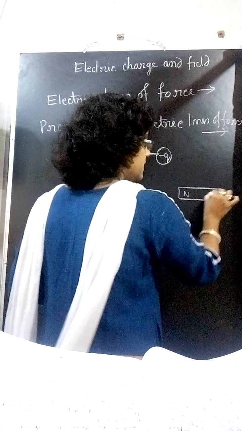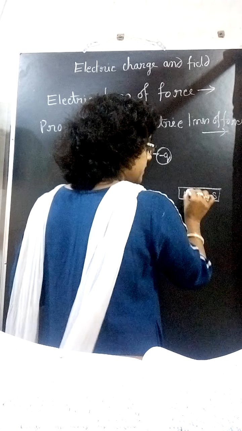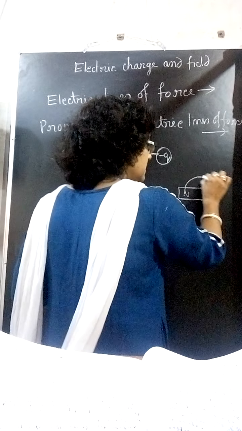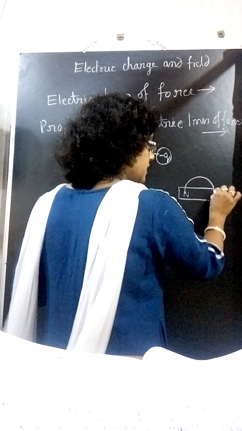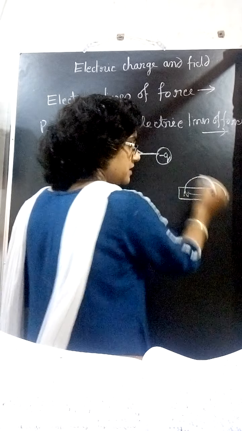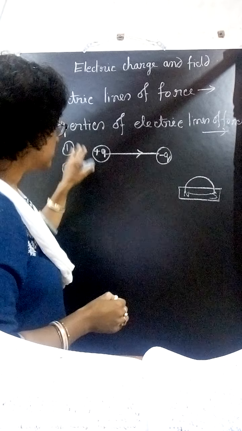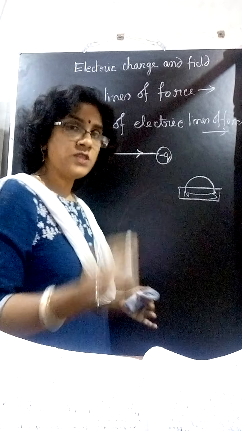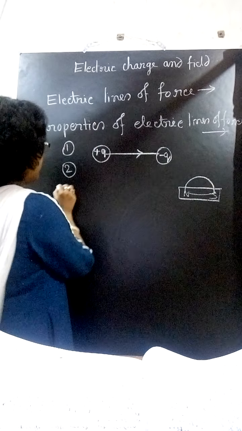In case of a magnet, you have seen that the magnetic lines of force originate from the north pole and enter the south pole, and again return back. That is, there is a closed loop. But in case of electric lines of force, it doesn't create any closed loop.